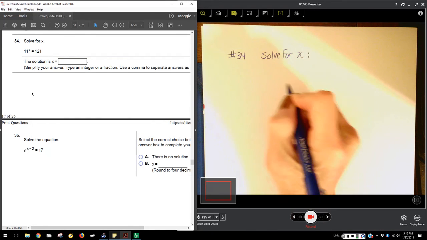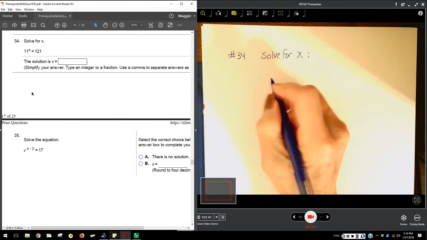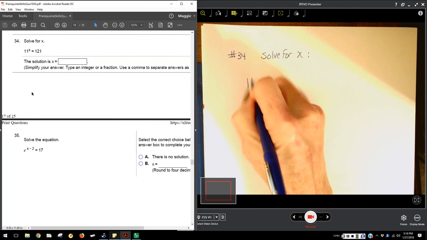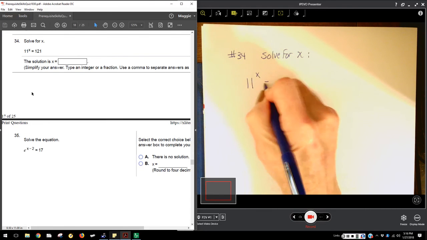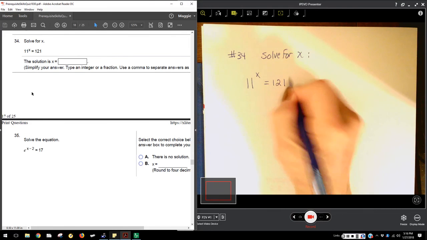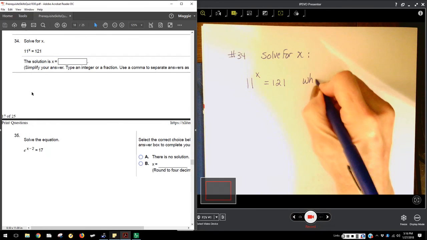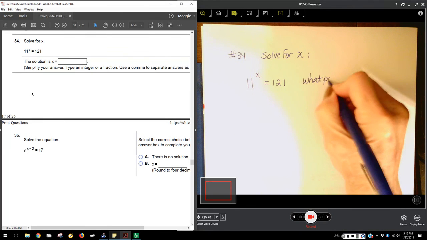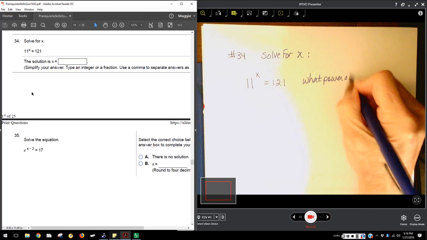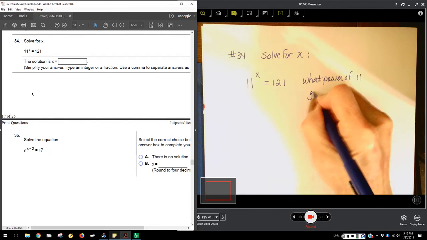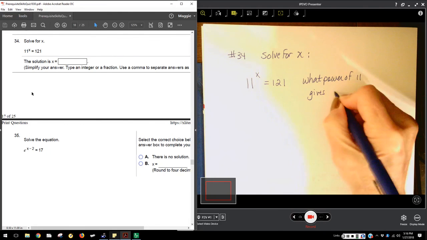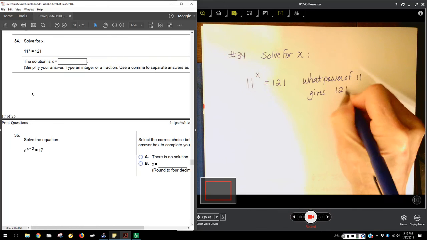What I'm wanting you to understand here is that when I'm asking you 11 raised to the x is equal to 121, I'm actually only asking you what power of 11 gives 121 as the answer.